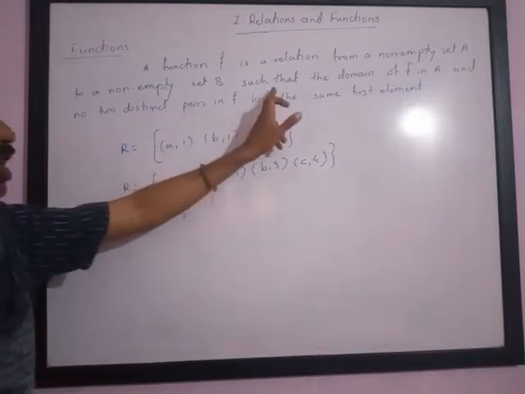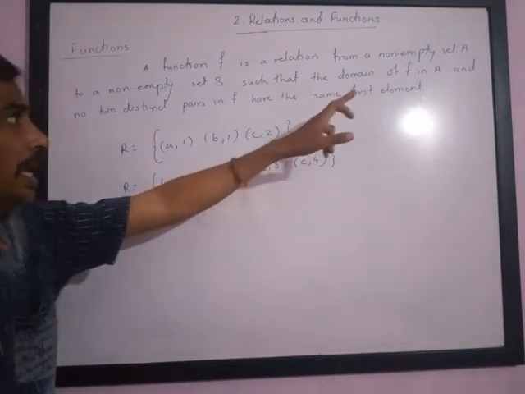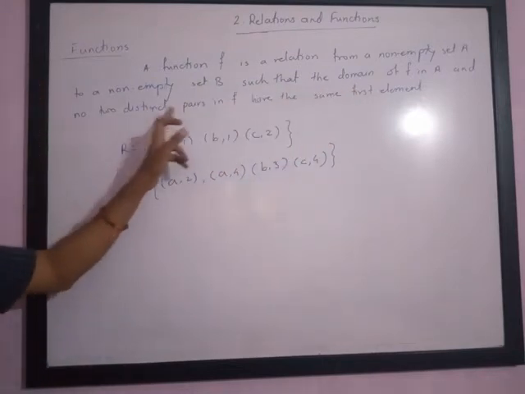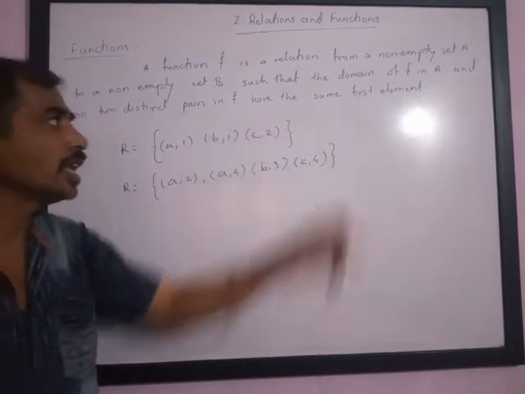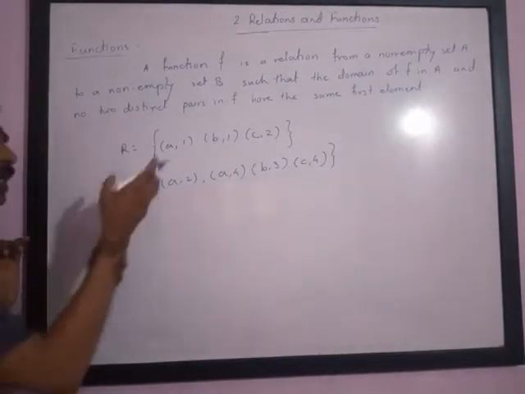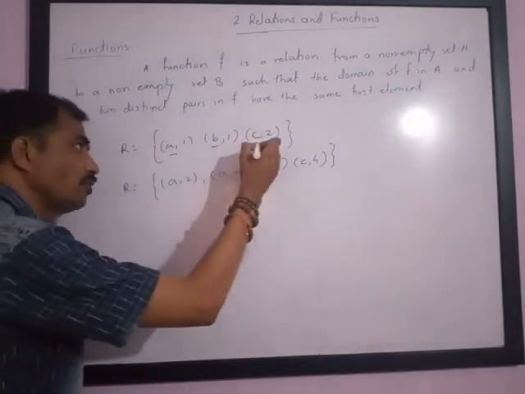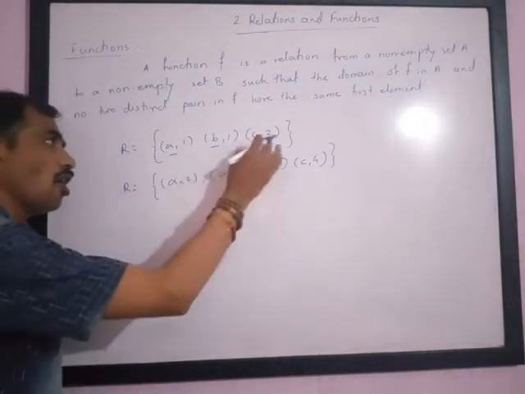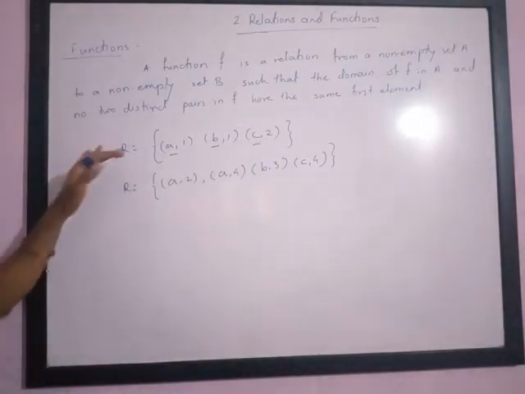Now, such that the domain of f is A and no two distinct pairs in f have the same first element. So please note here a is different, b is different, c is different. Here all first elements are different, so it is a function.